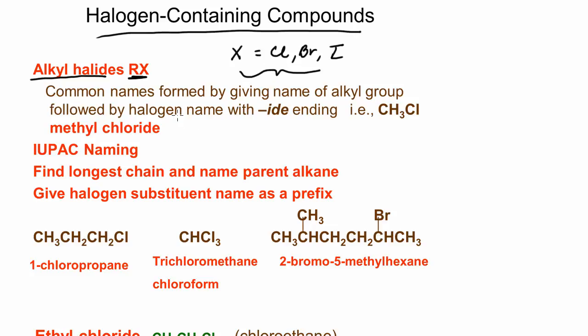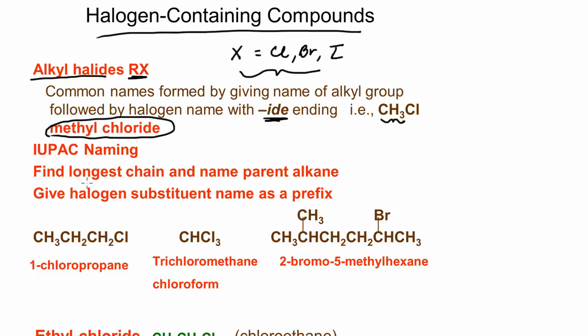X is a halogen. So when we name these using the common naming system, we give the name of the alkyl group followed by the halogen name that has an "ide" ending. So for example, here we have a methyl group, and chlorine is bonded to that carbon. So this would be methyl chloride.